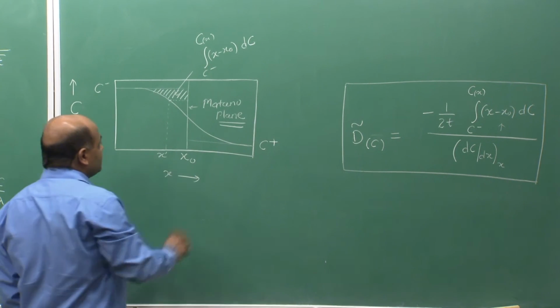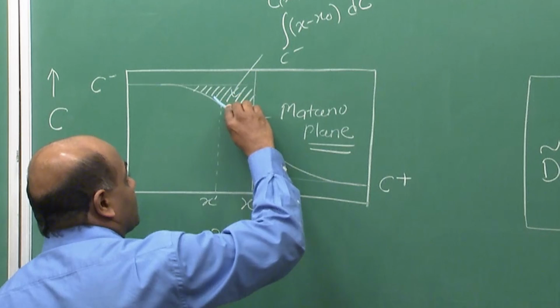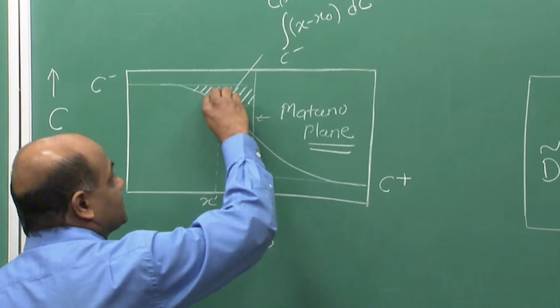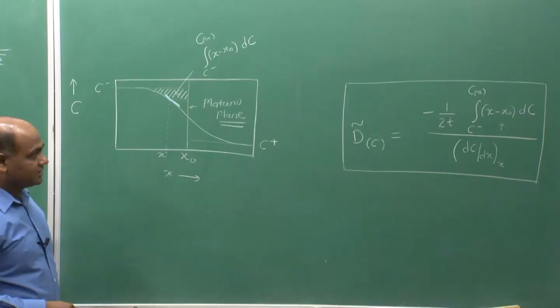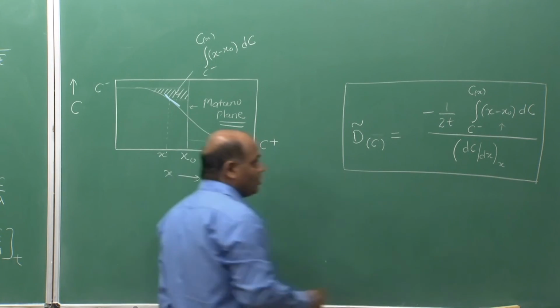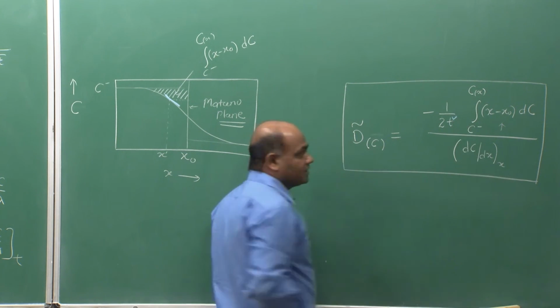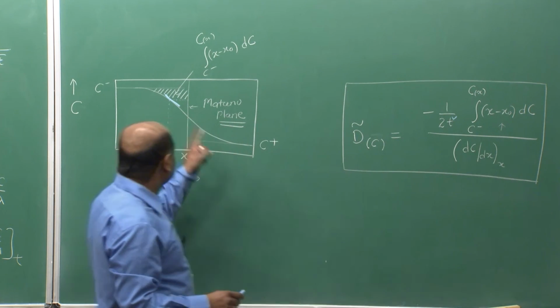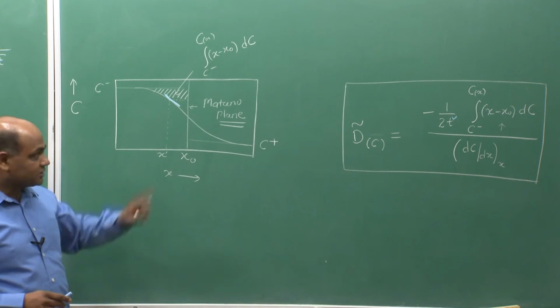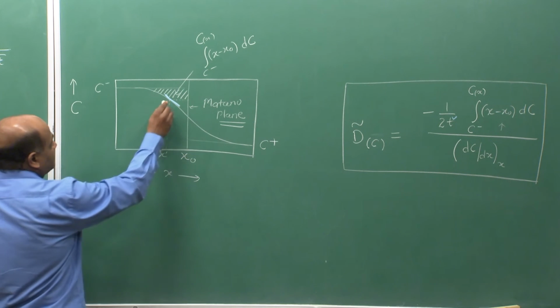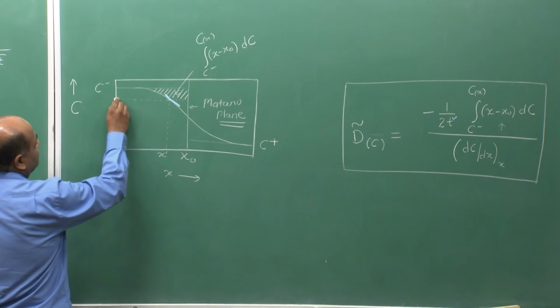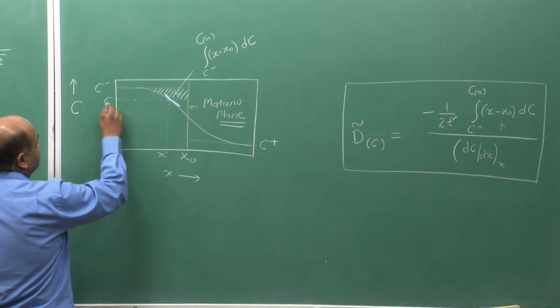Then we determine the derivative of the concentration profile at this position, which is dc/dx, and we know the diffusion annealing time t, and so we can find D tilde at this particular location, and it corresponds to the composition which is there at this location, that is C at x.